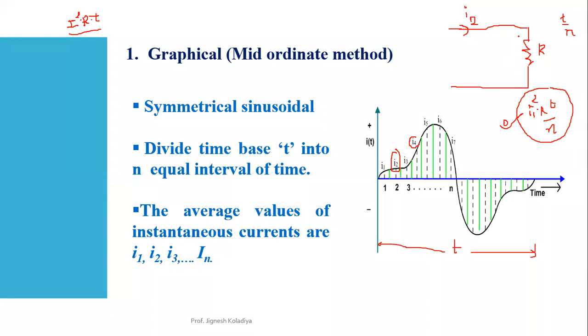Again heat is generated, that is I2 square R into T by N. Then I3, so I3 square R into T by N. We have up to N currents, so the last component is In square into R into T upon N. Clear up to this?